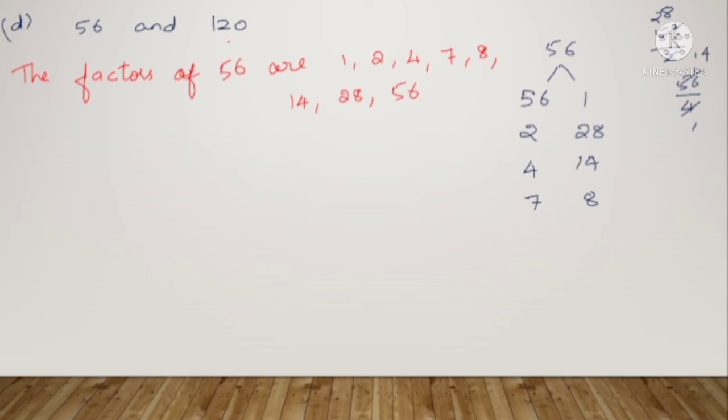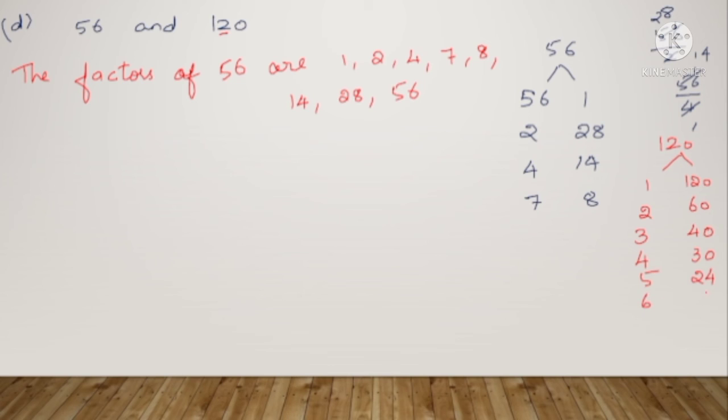Now we have to find the factors of 120. So let us start writing. 1 into 120 gives 120. 2 60s are 120. Now in the 3 table, 3 4s are 12, and then 0. So 3 into 40 gives 120. And then the 4 table, 4 3s are 12. So 4 30s are 120. And then in the 5 table, 5 2s are 10, balance 2. 5 4s are 20.